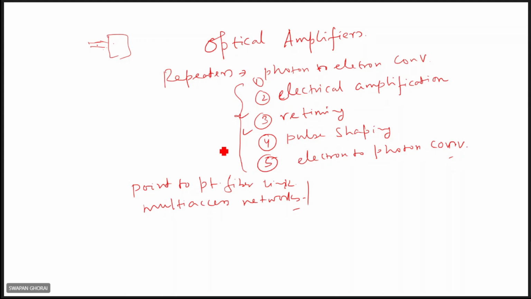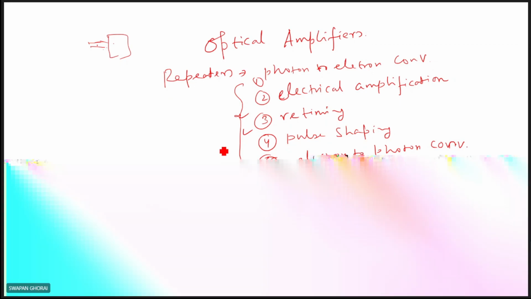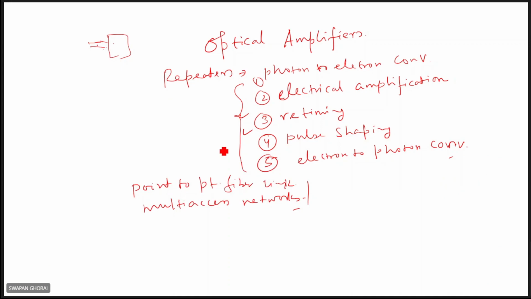So you need a photodetector, a transmitter, electronic amplifiers, retiming, pulse shaper, etc. So it is a much more complex repeater than a transmitter receiver, because all of the transmitter receiver would be in a single chip.